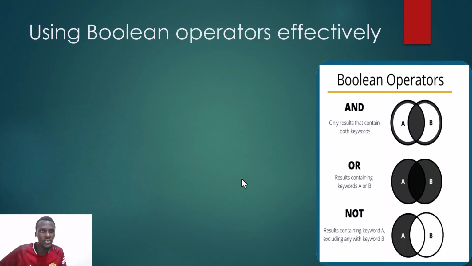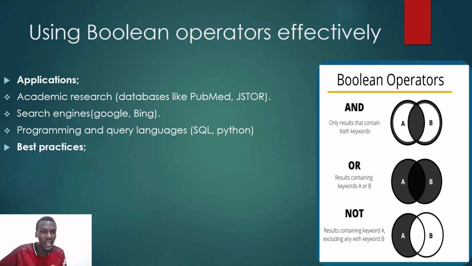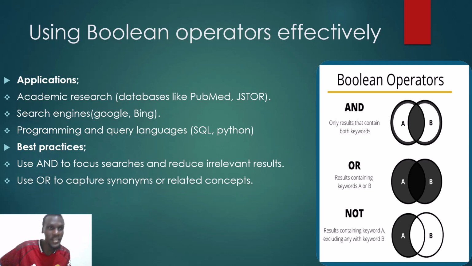So we're now moving to how people use Boolean operators effectively. Most applications are for academic research, whereby people use them in databases like PubMed and JSTOR. Then I think the simplest version is in search engines: Google, Bing. You can actually just go and try it right now. Try searching about cats and dogs.